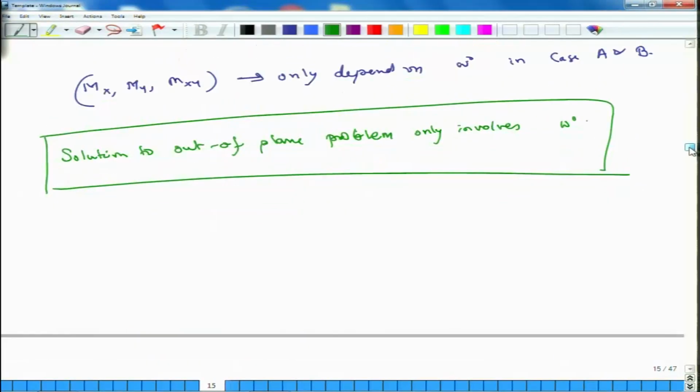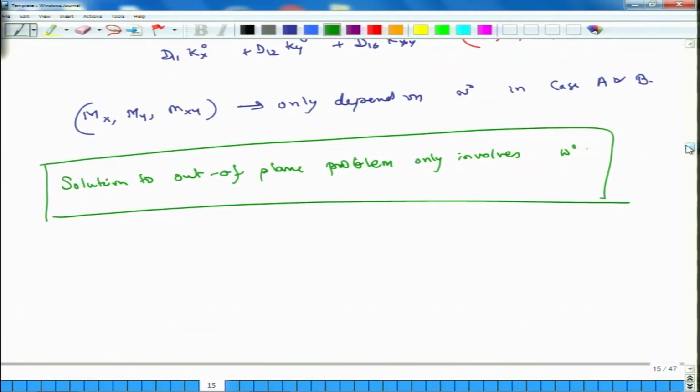So in this case, because the lamination sequence is symmetric, the out of plane and in plane parts of the problem are decoupled.